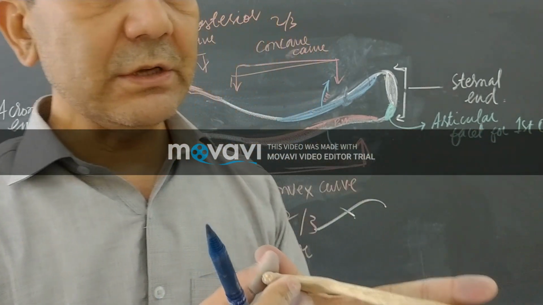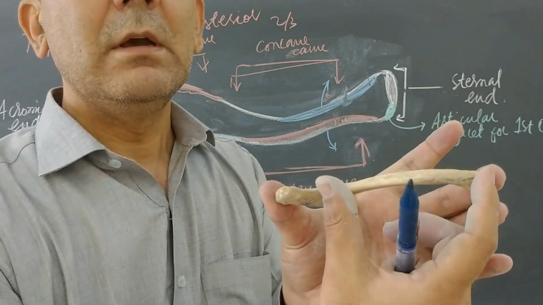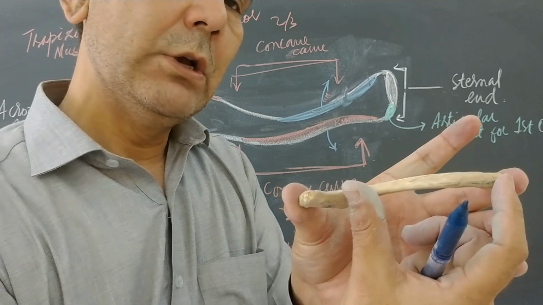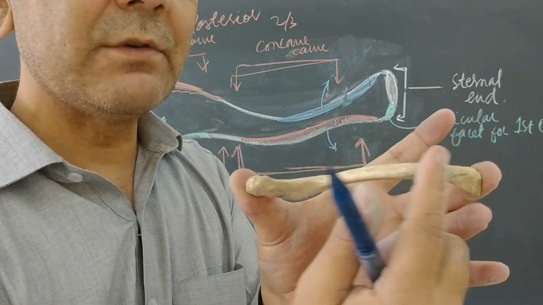Now in the anterior surface of the shaft of the clavicle bone is the anterior border. This is a ridge-like structure.